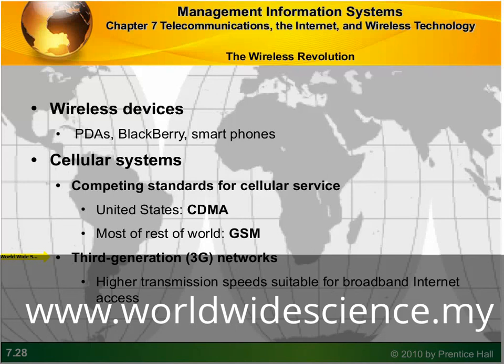You can have more bandwidth for transferring big files using the internet on your mobile phone at the highest speed. 3G is the third generation network of connecting devices in the web.